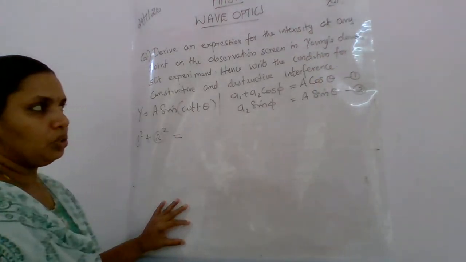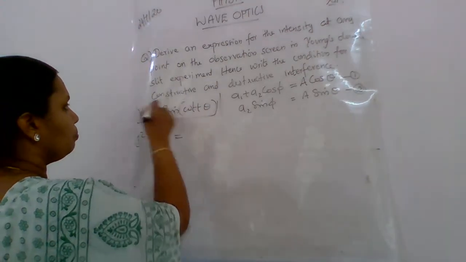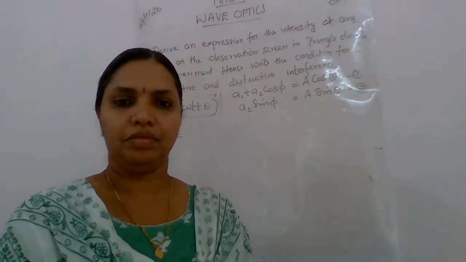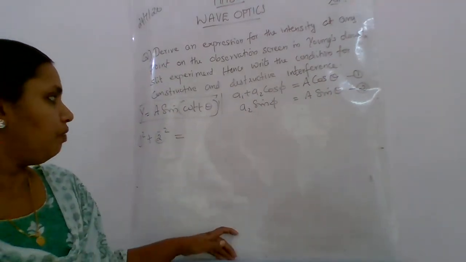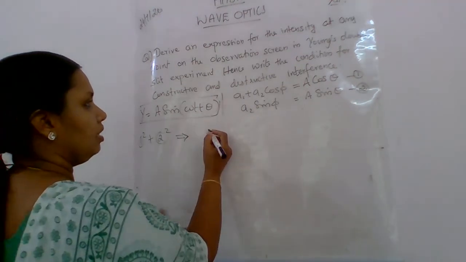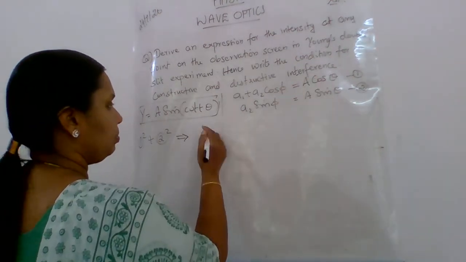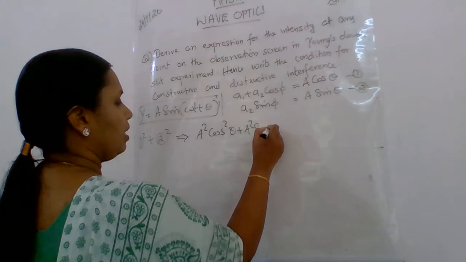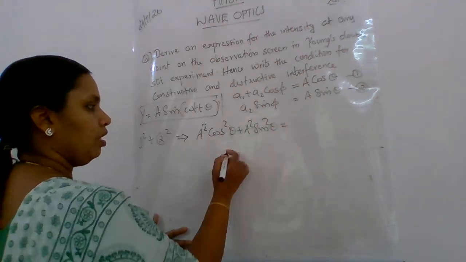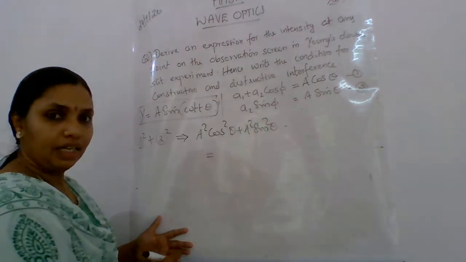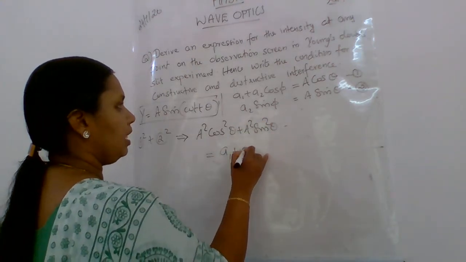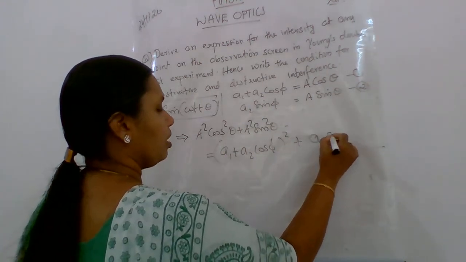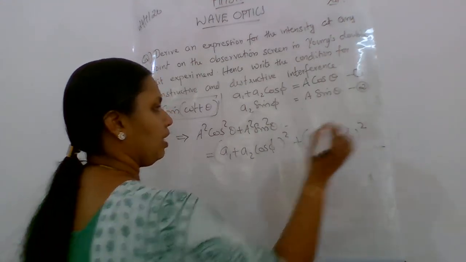Squaring and adding these two equations, we can write the RHS first, that is A square cos square theta plus A square sin square theta, equal to A1 plus A2 cos phi whole square plus A2 sin phi whole square.